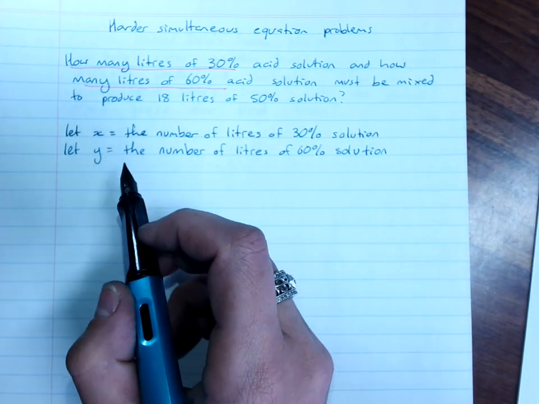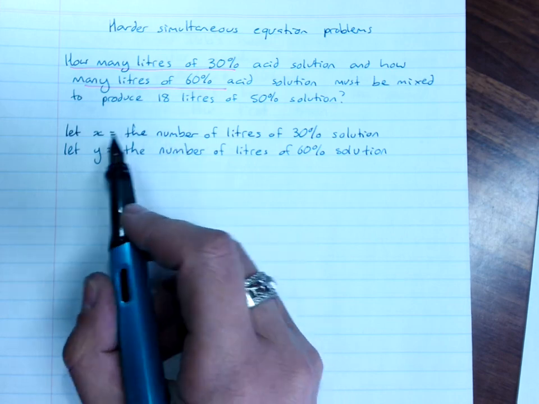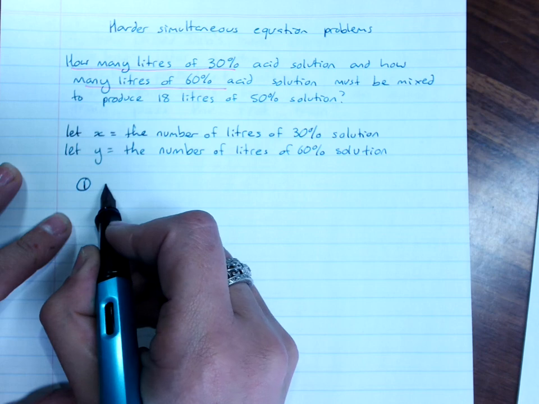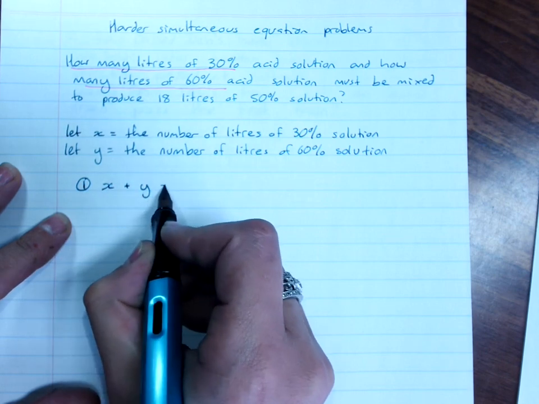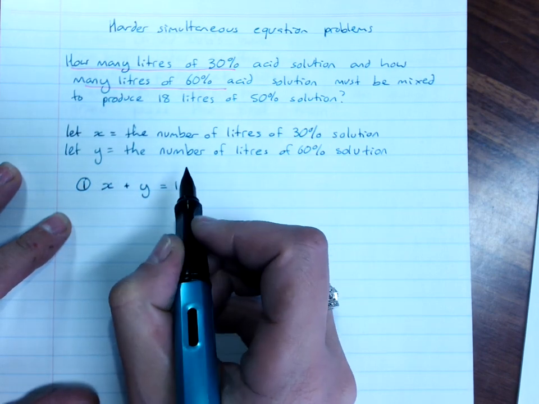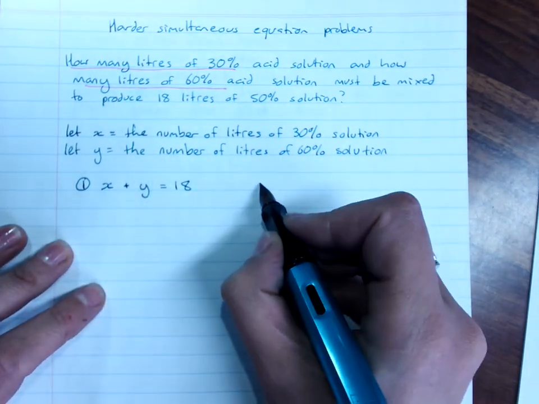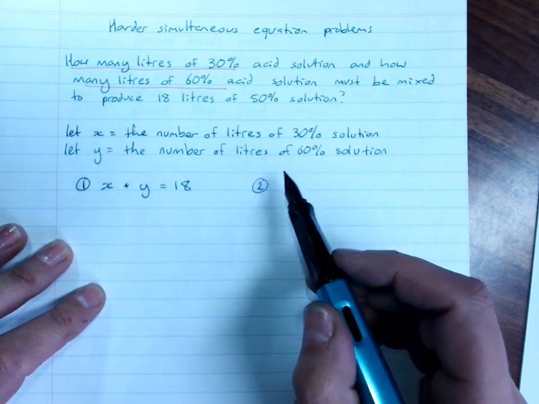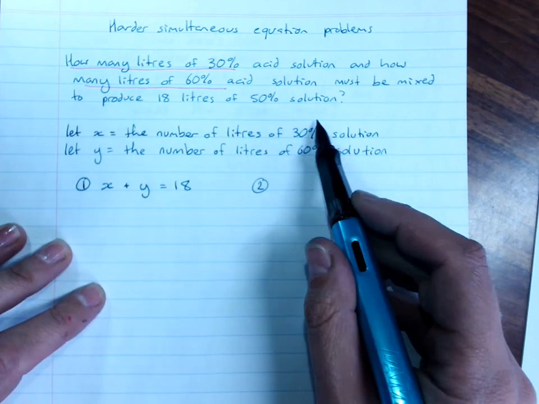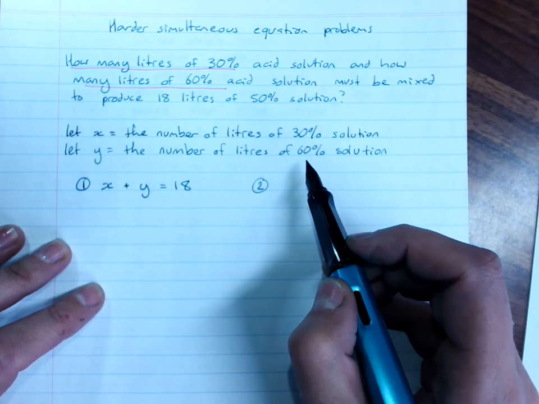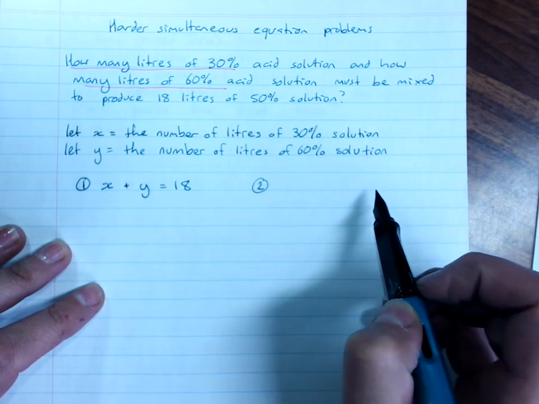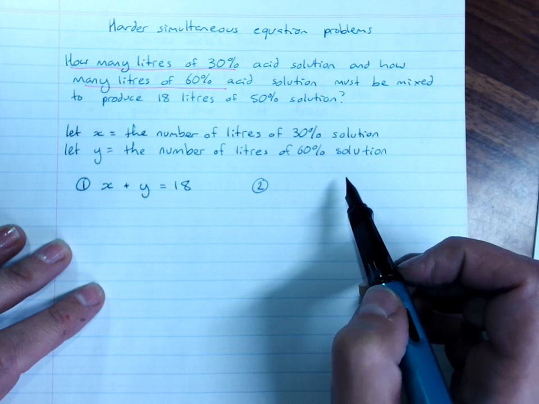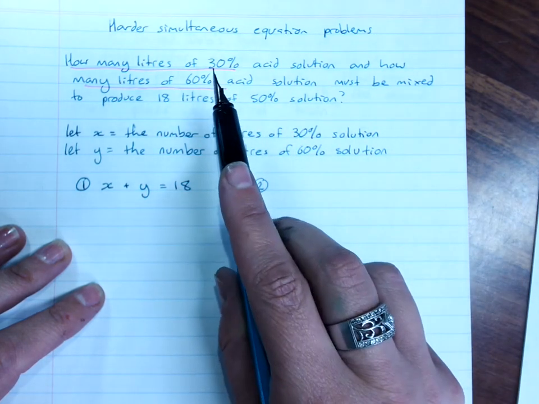Now, our relationships. Well, x plus y is 18. First equation is nice and easy. But it can be a little bit tricky to spot the second equation. The key is using your percentage as a decimal to write the second equation as just the amount of acid, or whatever the thing is that you're mixing.